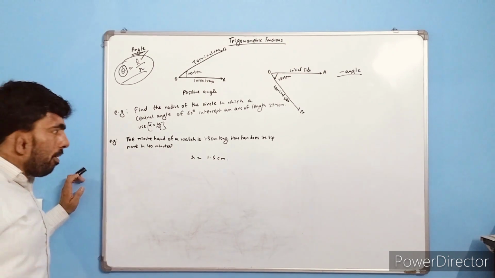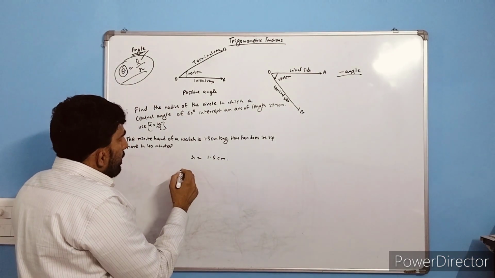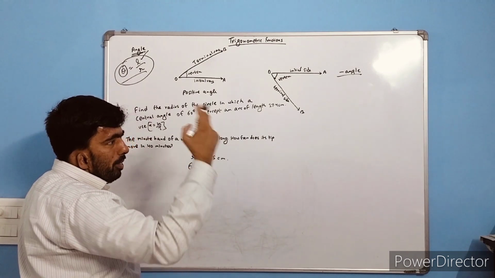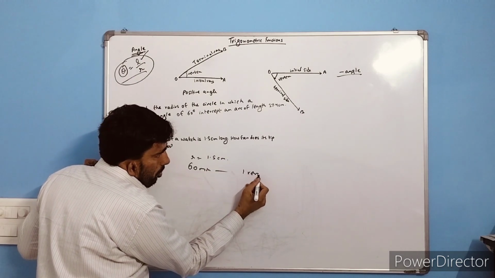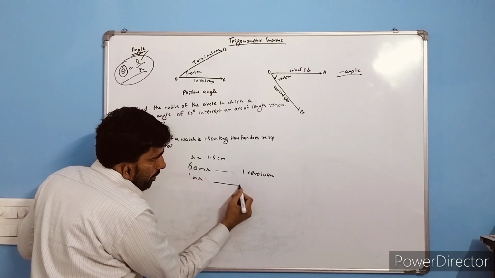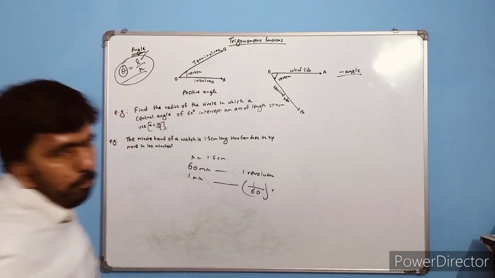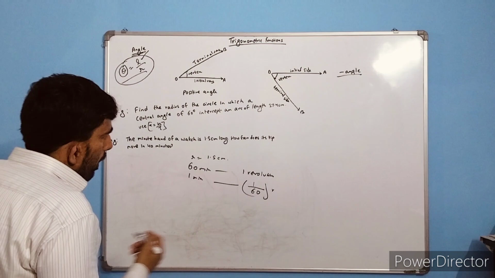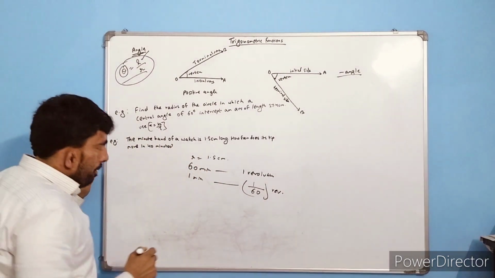To find theta, let us first see: in 60 minutes the minute hand completes one revolution. In 1 minute, it completes 1 upon 60 of a revolution.